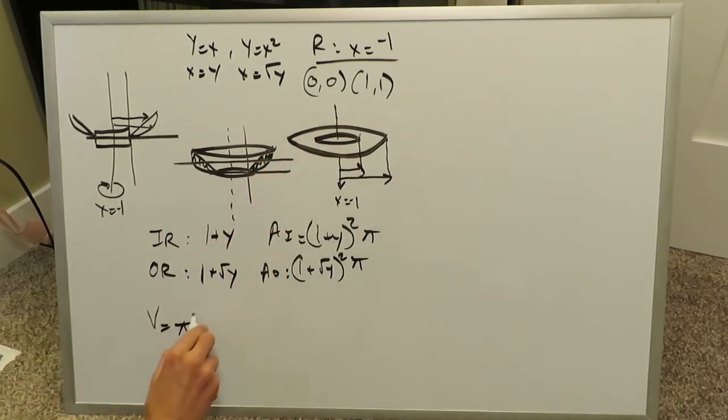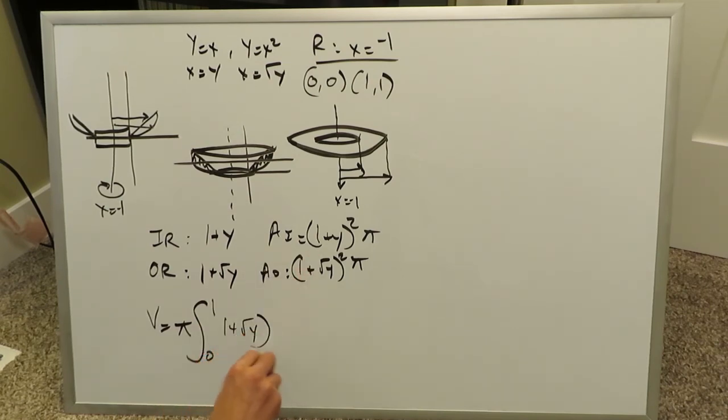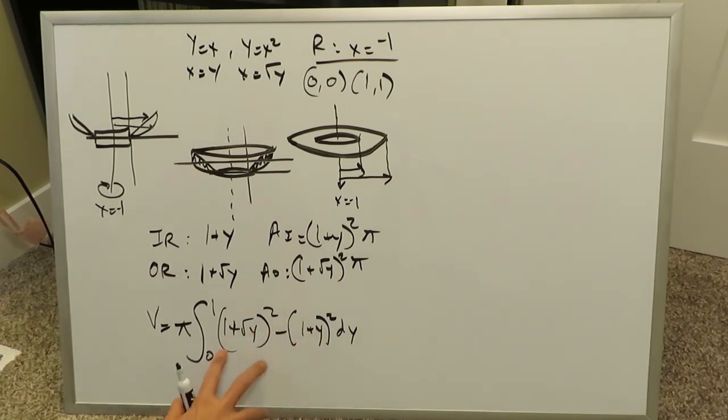Volume is equal to, isolate your pi, bring it out. You'll have the outer area (1 plus root y) squared, and you'll do this polynomial expansion, which is not hard, minus (1 plus y) squared, dy. When you expand this, you get a certain expression.